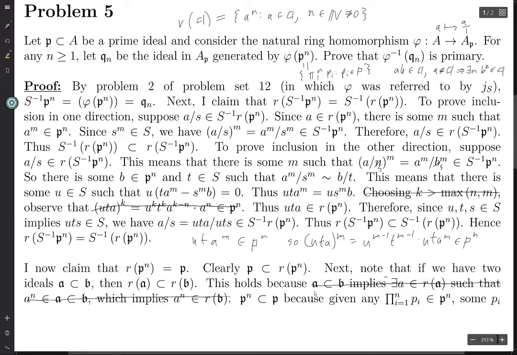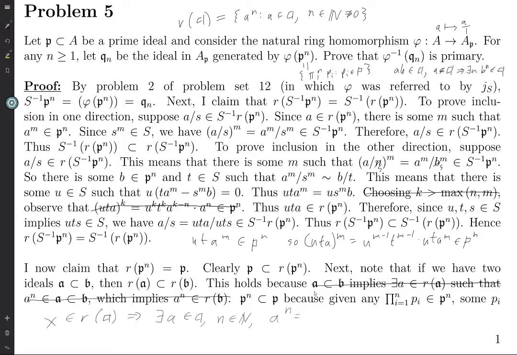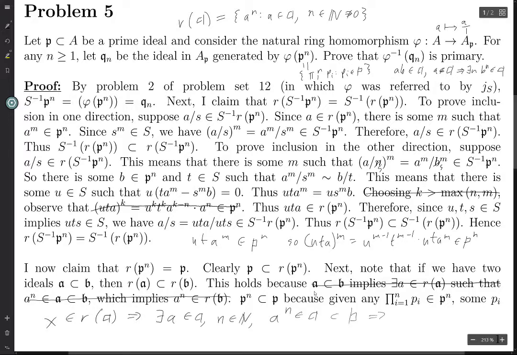Okay, so let's say we have an element x in the radical of A. Then this means that there exists an element a in A and an element n in the natural numbers such that a to the n is in A. But this is contained in B, and so since there is a power n such that a to the n is in B, this means that a is contained in the radical of B. Okay, so that part was good.